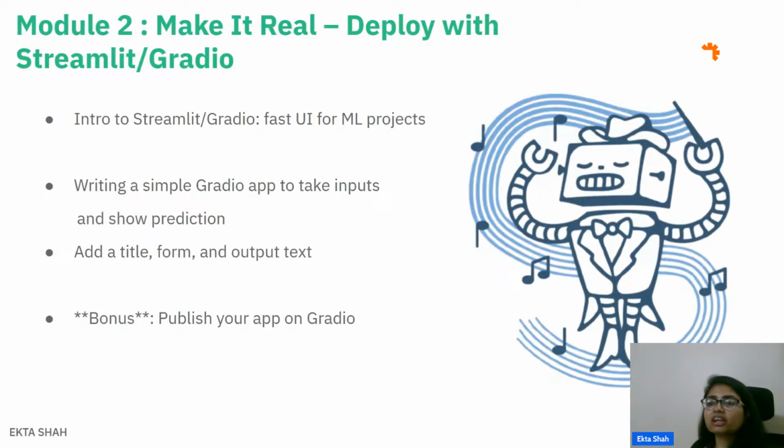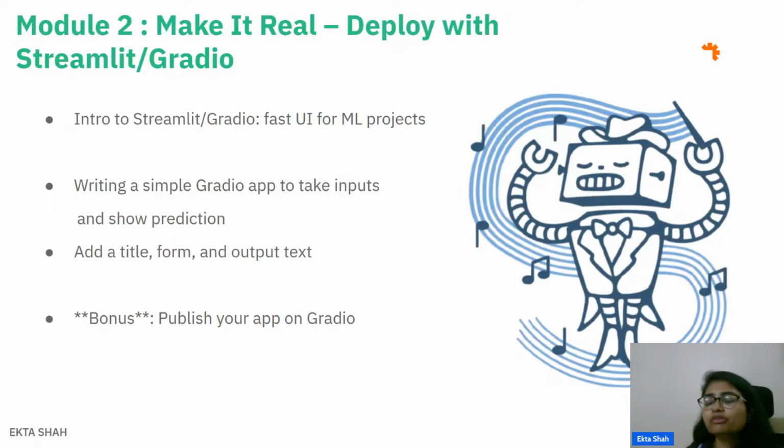I hope all of you are ready to now go to the next module, which is about making it real. This model and all we created, all of that is fine. Now, how do you make it real? How do we deploy this with easier mechanisms?